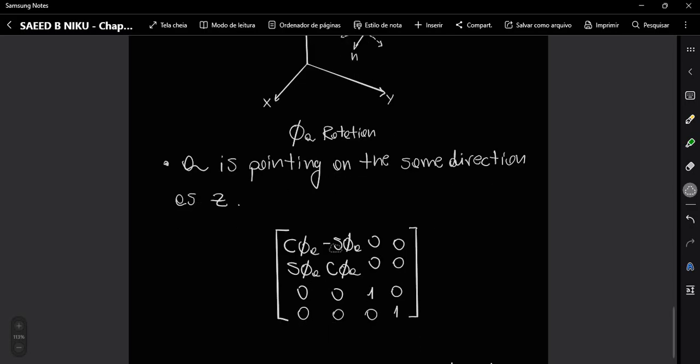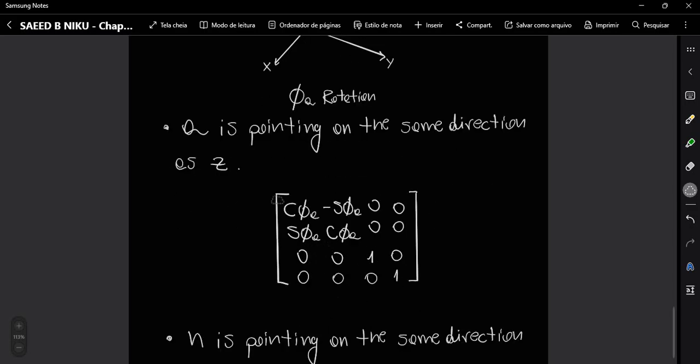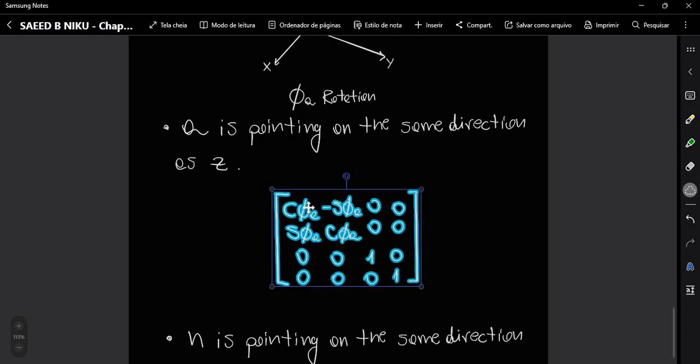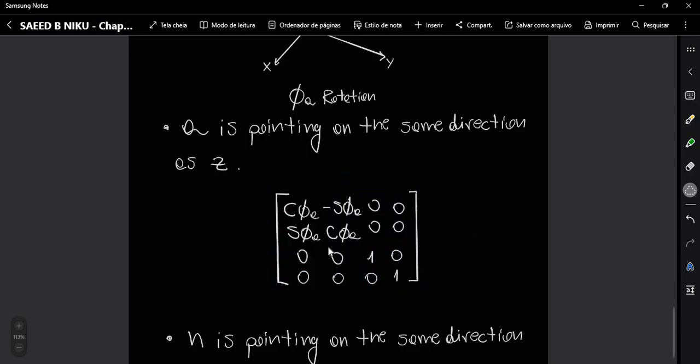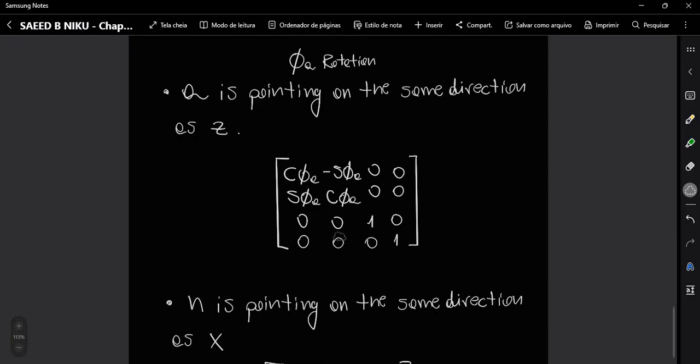So this is what we are doing right here. We have used the characteristic rotation matrix around the z-axis, and we have adapted it to the a-axis, and of course with the phi angle, and again adding the scale factor w.